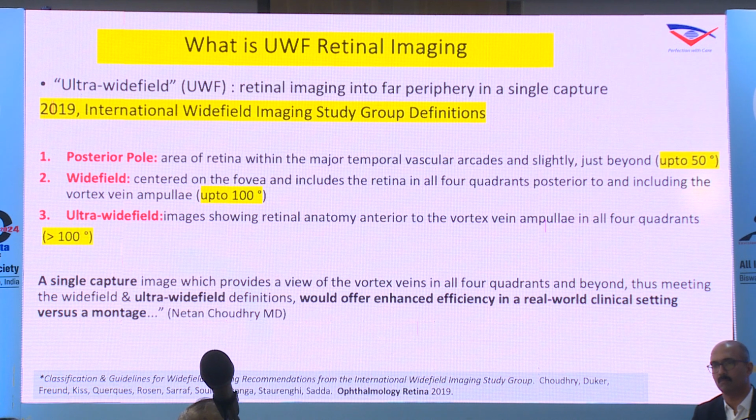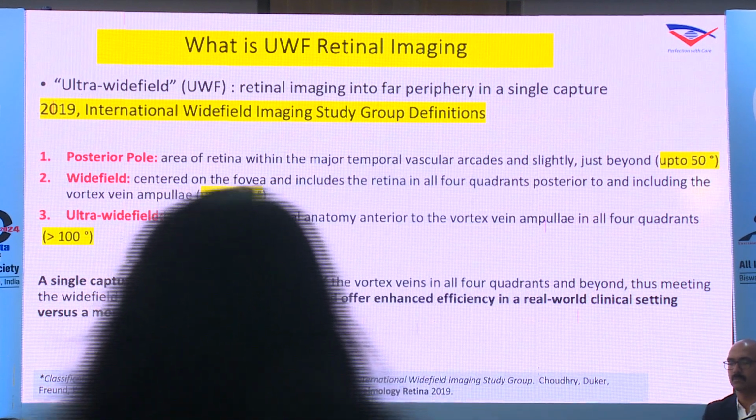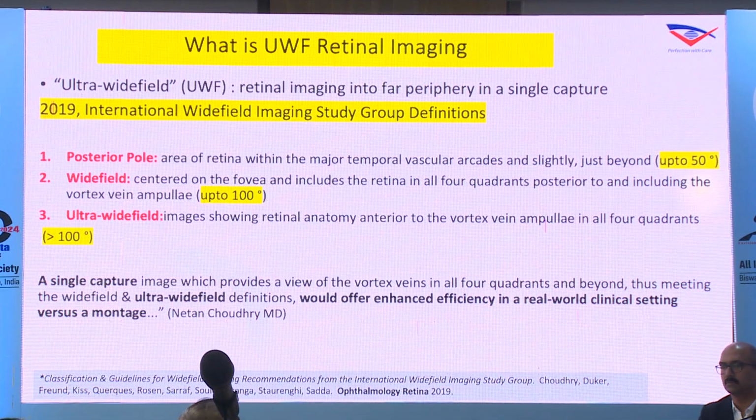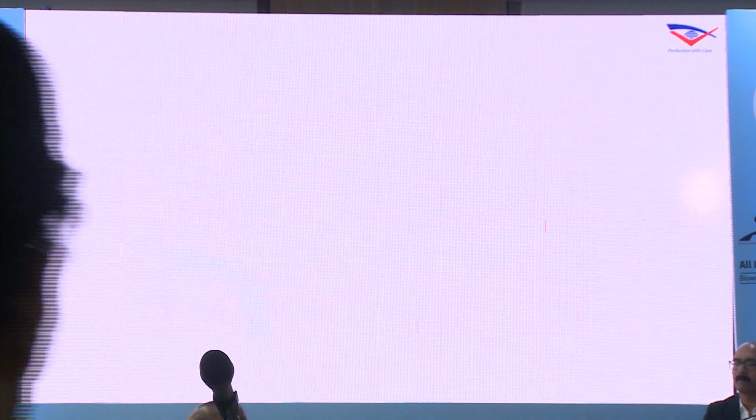One line which was said by Nathan Chaudhary: a single capture image which provides a view of the vortex bands in all four quadrants and beyond, thus meeting the wide field and ultra wide field definition, would offer enhanced efficiency in a real world clinical setting. So that should be the aim. There are numerous cameras available, but if I can get all four vortex bands and a little beyond, that is ultra wide field imaging.